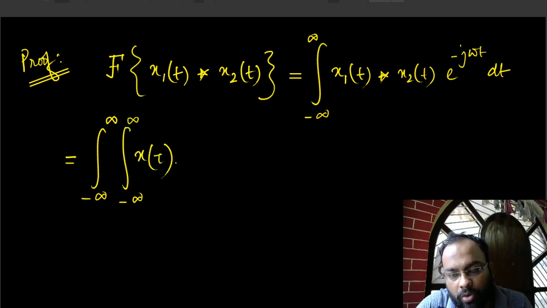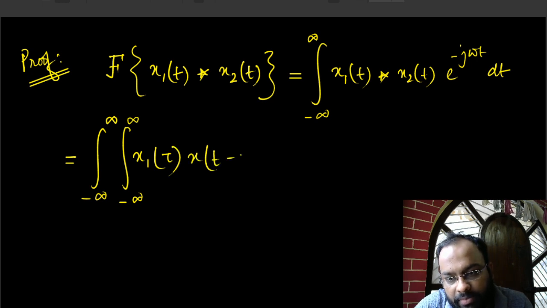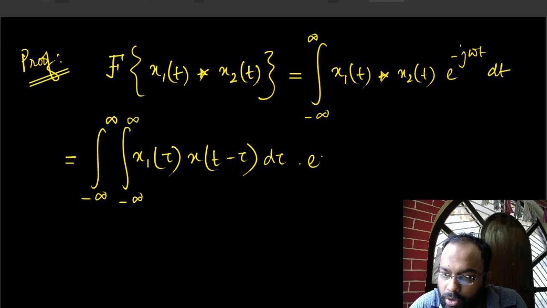x1(tau) into x(t minus tau) d tau, right? And we have e to the power minus j omega t dt.